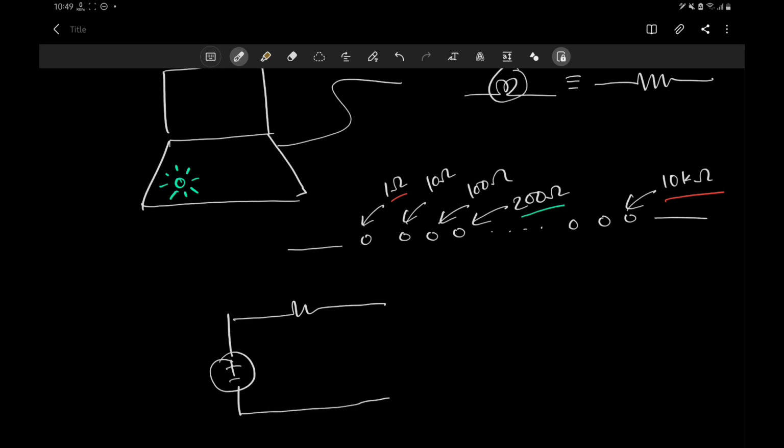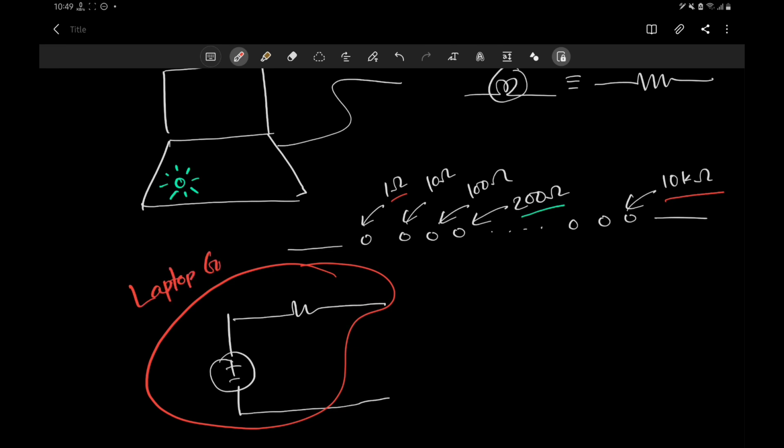So maybe the whole complicated laptop guts, plus everything else, is just this circuit. We call it V Thevenin, and we call the resistance R Thevenin.